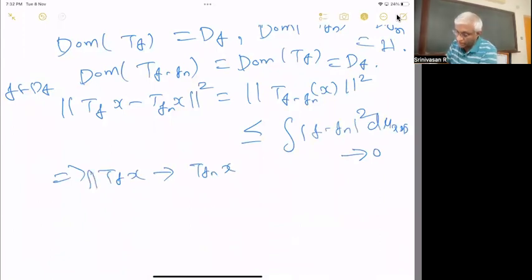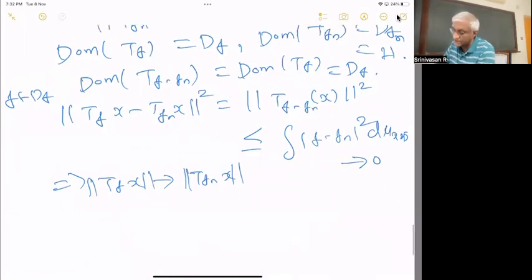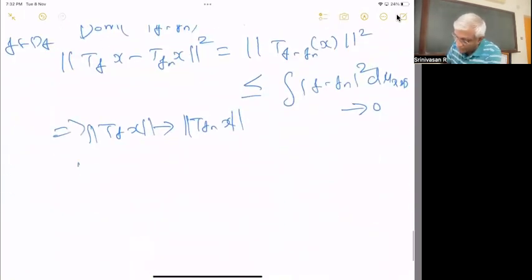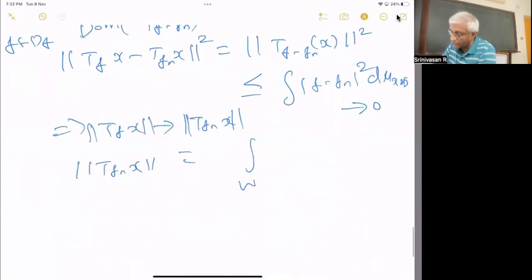In particular, the norm of this will go to the norm of this. The difference goes to 0, so this goes to this. But we know that the norm of Tfn x is equal to, from the bounded spectral theorem, the integral over omega of norm fn square d mu x, whole power half.